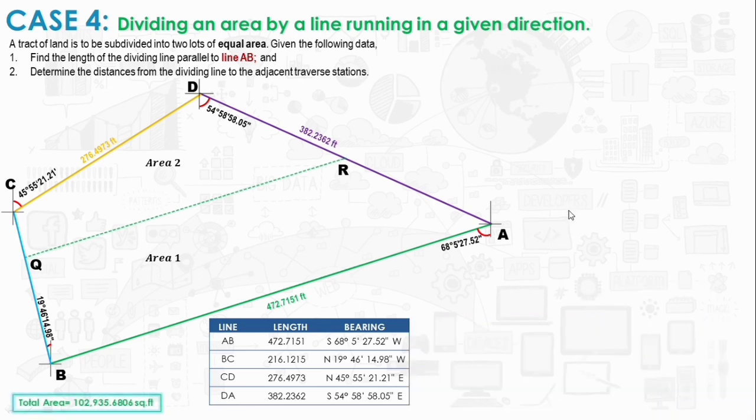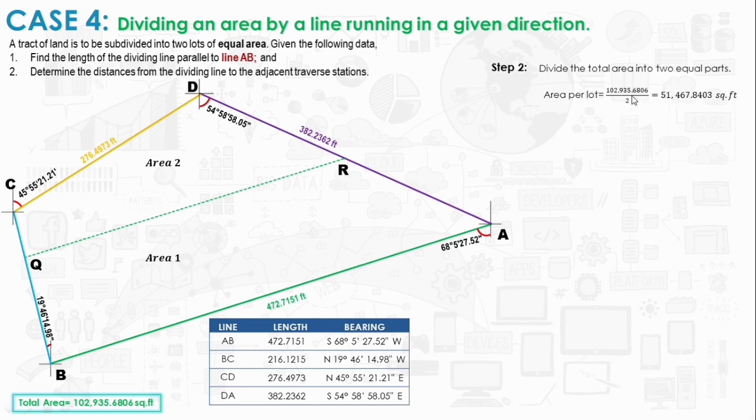For step 2, divide the total area into two equal parts. Kasi diba, sabi dito, yung dalawang lot meron silang equal area. Therefore, yung area of each lot or area per lot must be equal to the half of the total area.